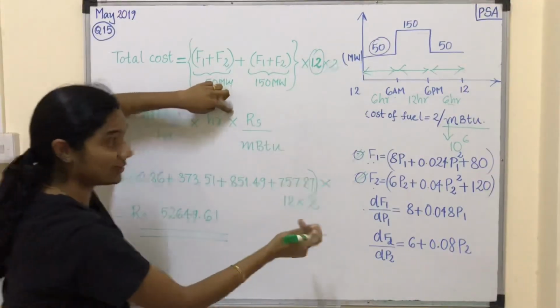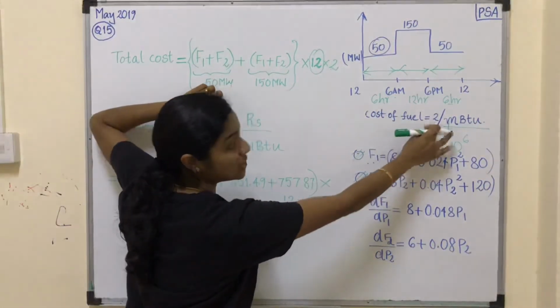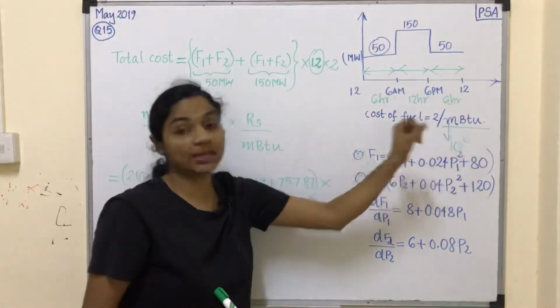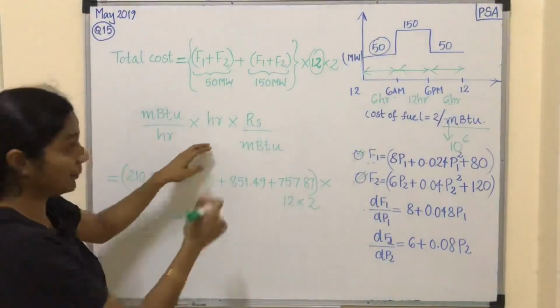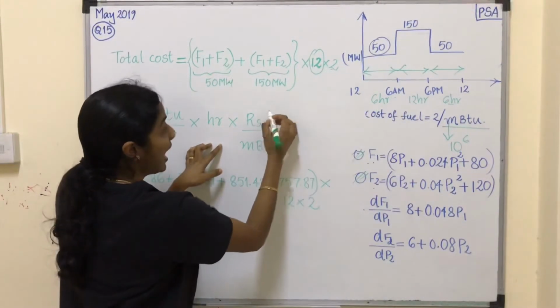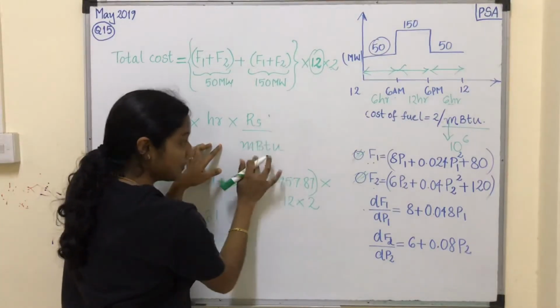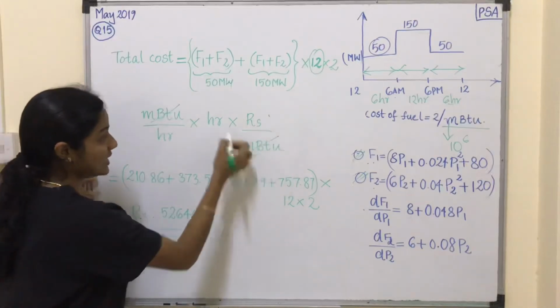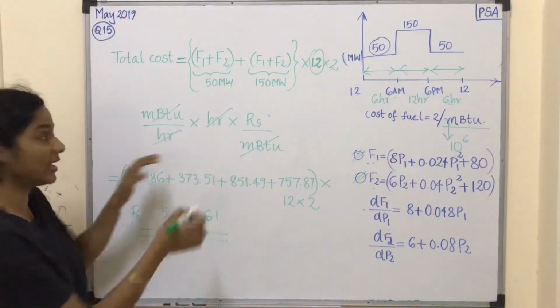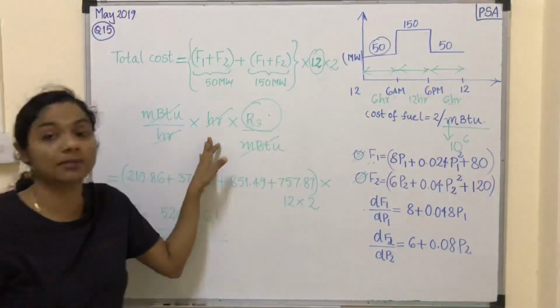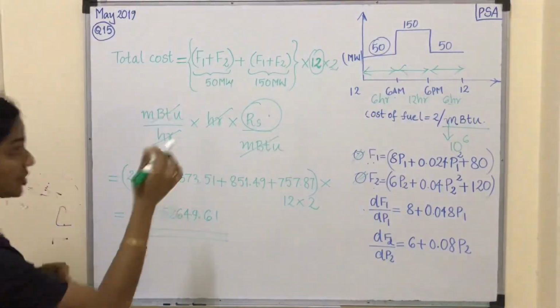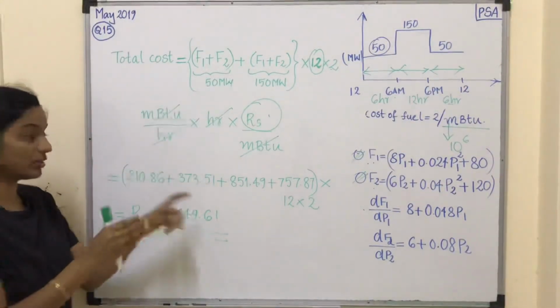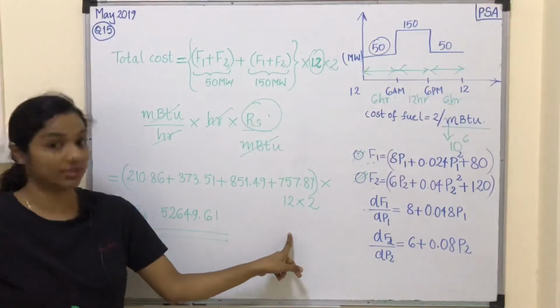this 2, which is nothing but our cost of fuel, that is 2 rupees per million BTU, and that is rupees divided by million BTU, and if you have noticed, these will cancel each other and the remaining part is nothing but rupees. Okay, so now I'm going to substitute the values directly that we have already got.